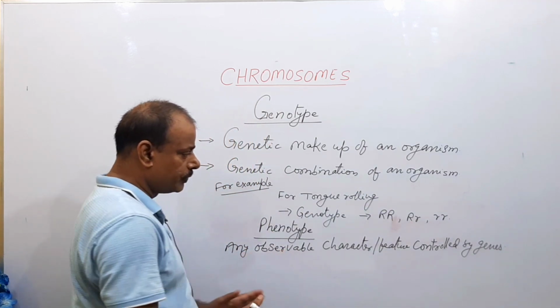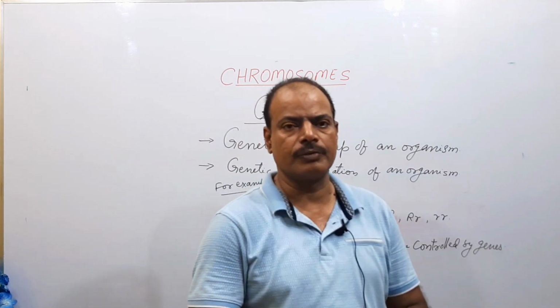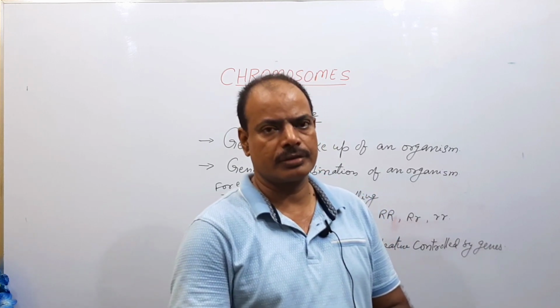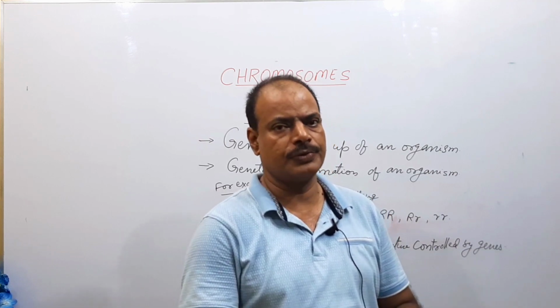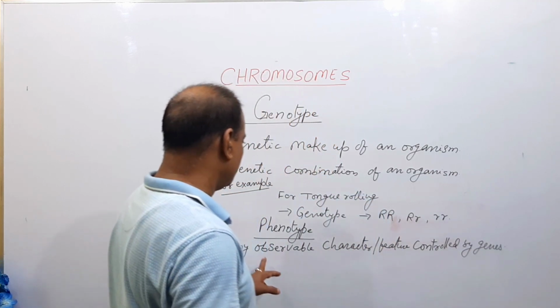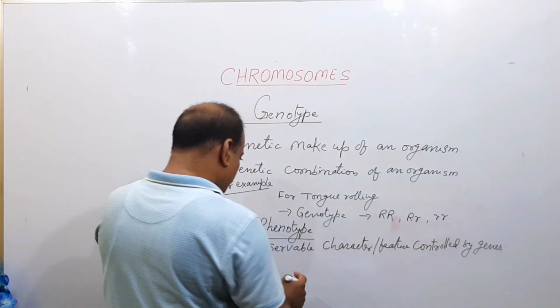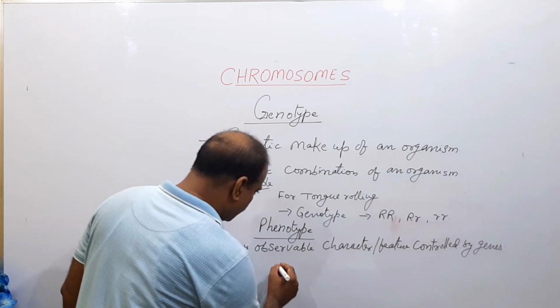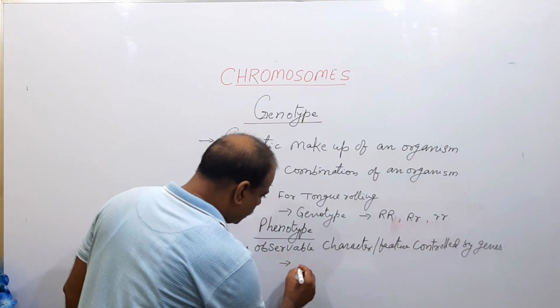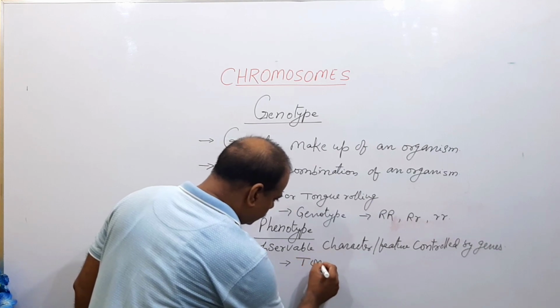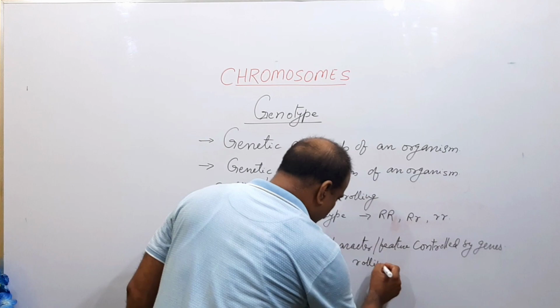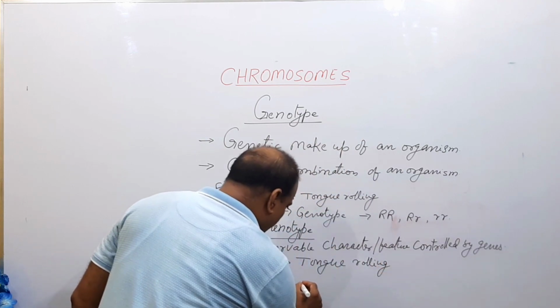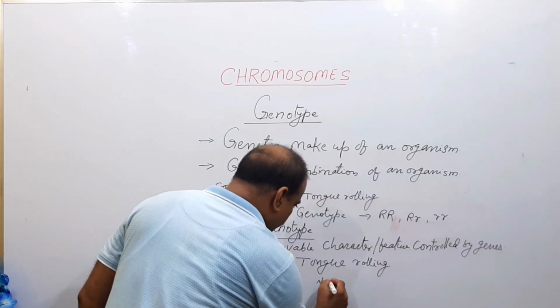Means these are the features which are inherited from generation to generation. And the appearance of these features is controlled by genes. So here example is tongue rolling and non-rolling.